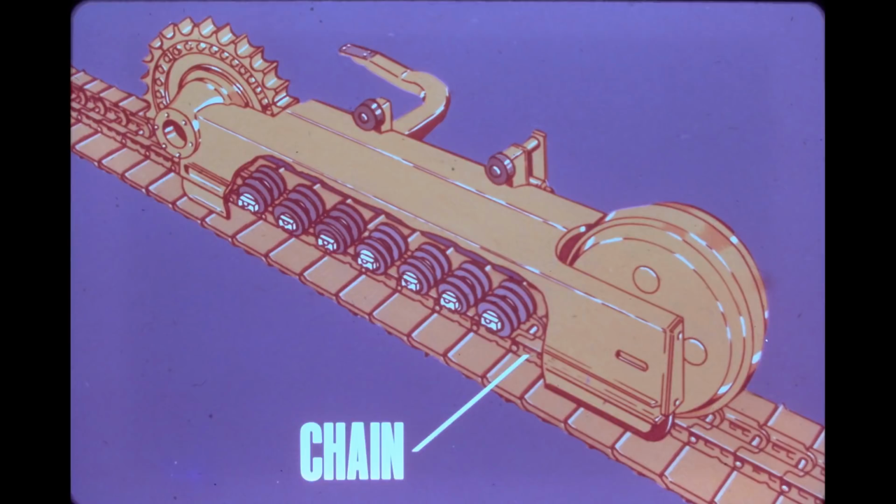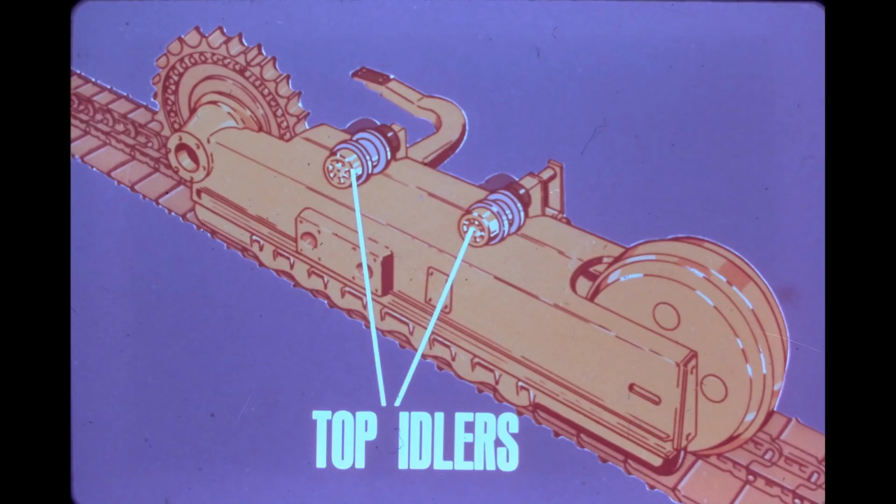The track chain is a flexible chain composed of two rows of individual links pinned together. The links serve as mounting pads for the track shoes, and the pins, which are encased in bushings, serve as leverage points for the sprocket to drive the track. The upper portion of the track is supported by the top idlers, which are mounted to the track frame.